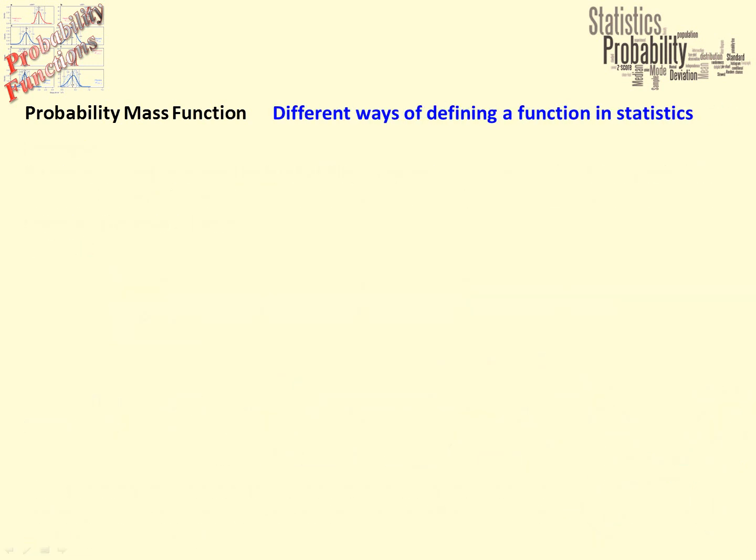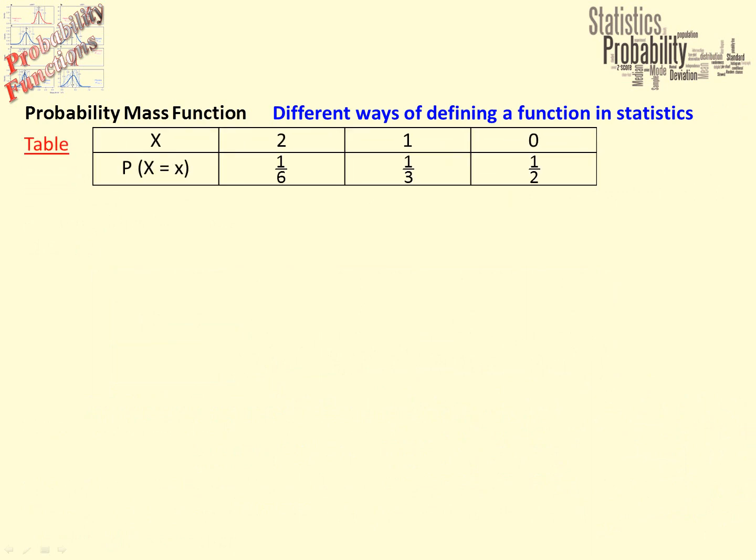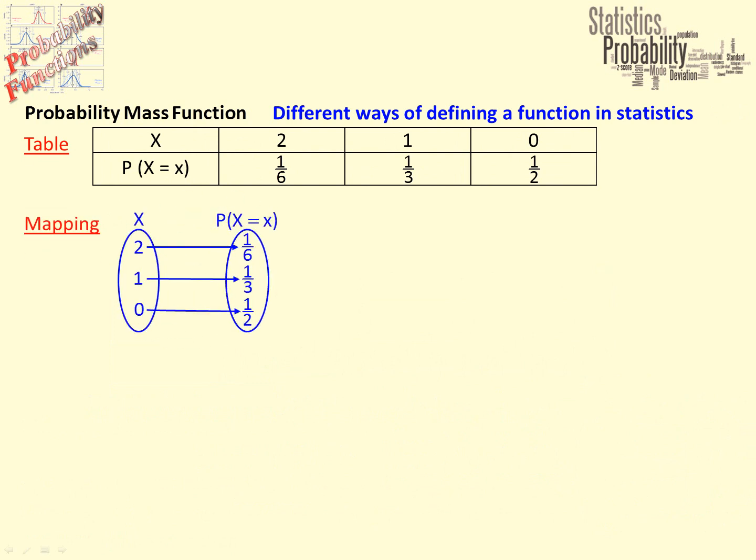There are other ways we can define a function in statistics, similar to algebra. There's the table, which we've seen, mapping, which we've seen, and graphically. So here we are, 0 heads, the probability is 3 of those 6 portions, which is a half.